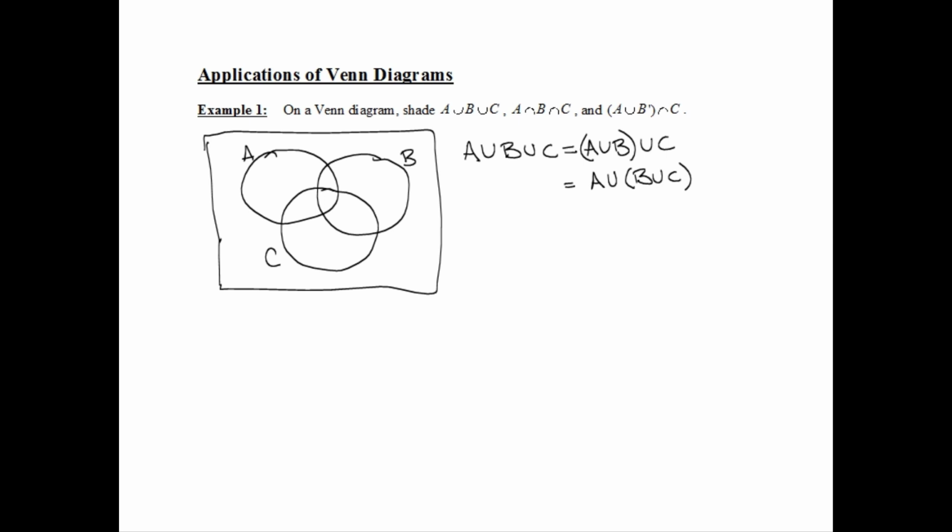So, when we see the union of A, B, and C like this, this means that we need to be looking at elements that are in at least one of these sets.